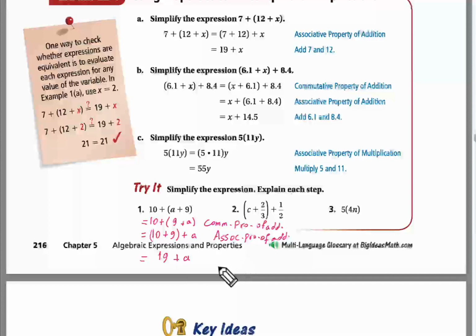We just added 10 plus 9. Thank you, Fahad. Yeah, it will be 19 plus A. Wait, 19 plus A is not 19A. 19A means 19 multiplied by A. Okay, Fahad? Like the test, teacher. In the test, you make it like that.